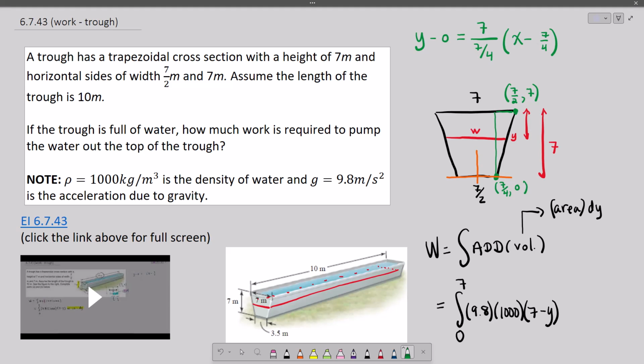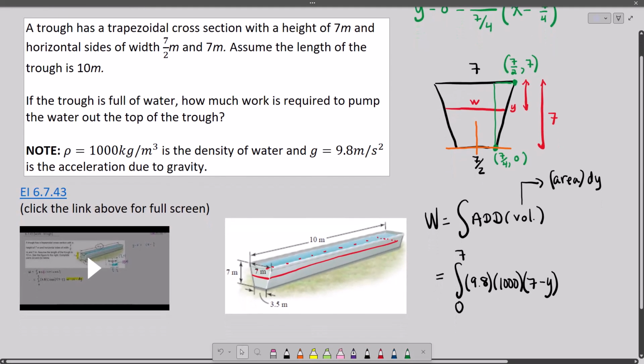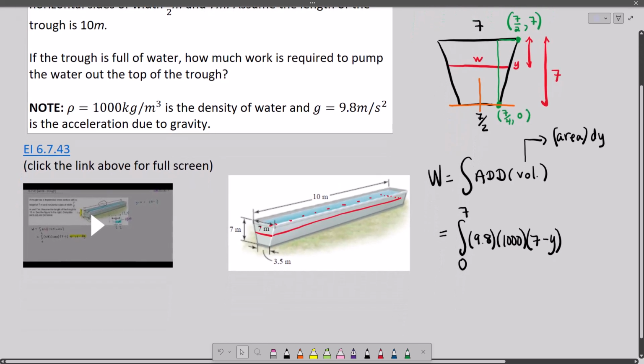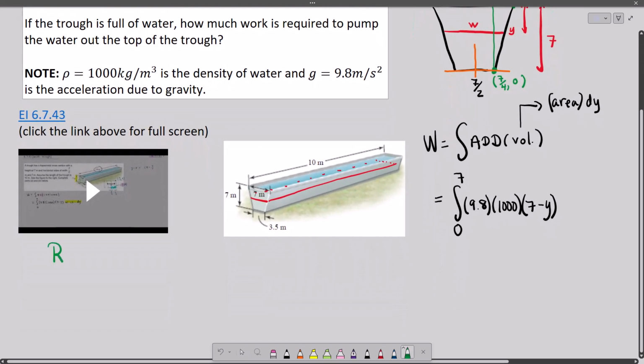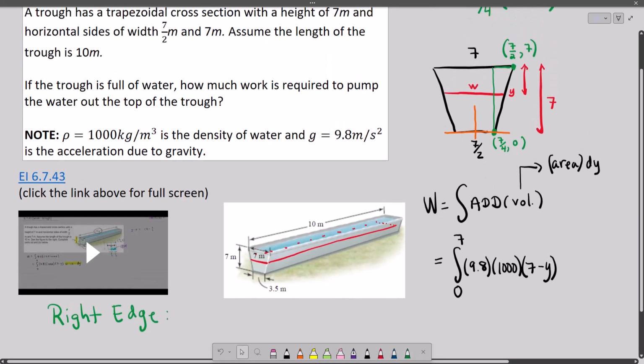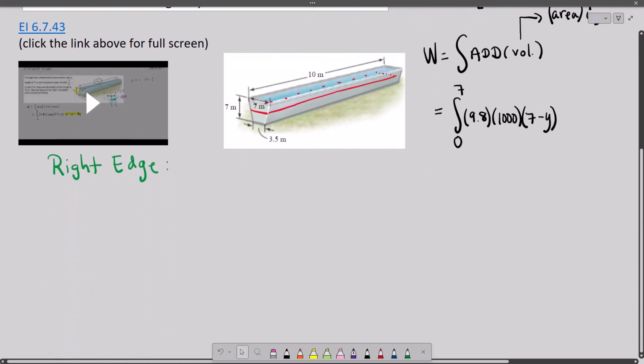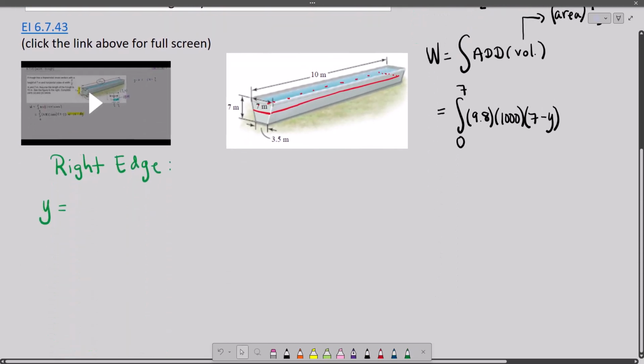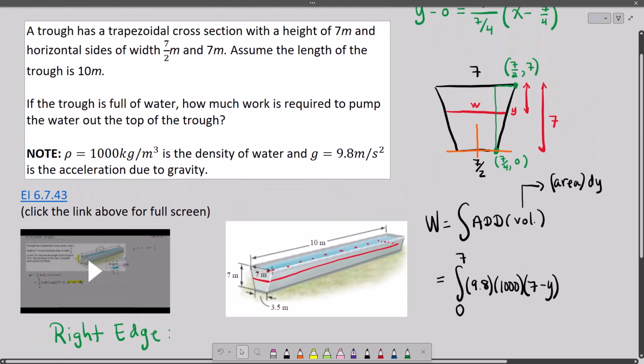So that is the equation of that right-hand line. I'm going to come down here and rewrite it. So we have y minus 0, so we'll just write that as y, equals, we're going to simplify that slope.